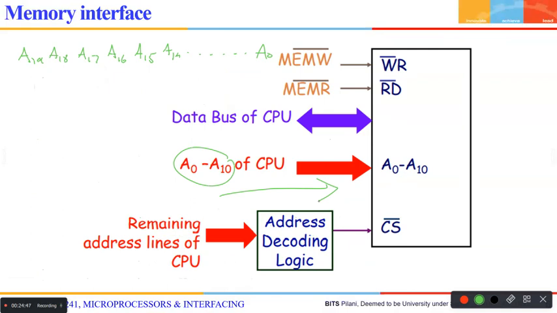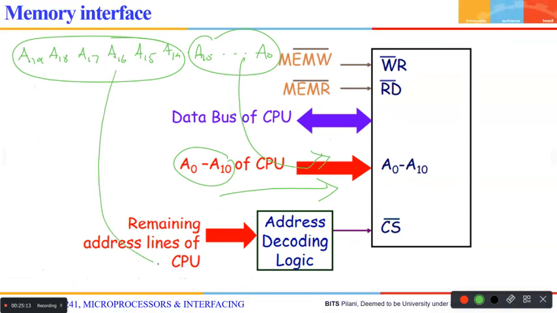Now we are going to use the address lines of the microprocessor to interface this memory. A0 to A10 will be directly connected to the address lines of the memory. The remaining address lines, A14 to A19, are given to the input of the address decoding logic, because you have to make use of the entire address.